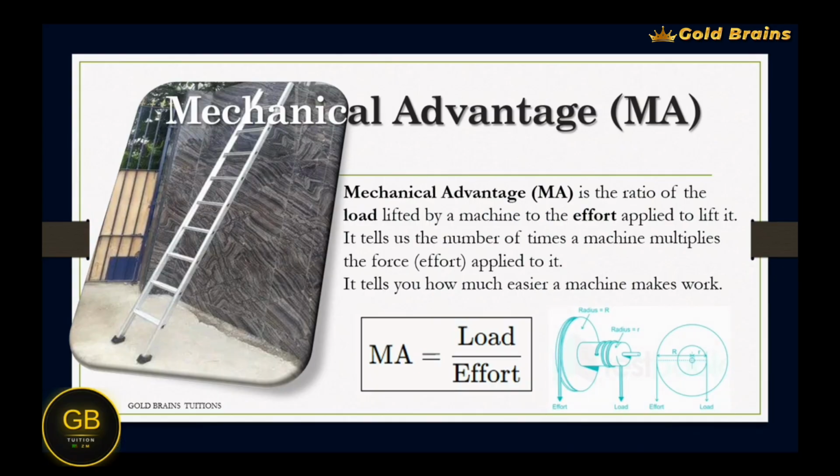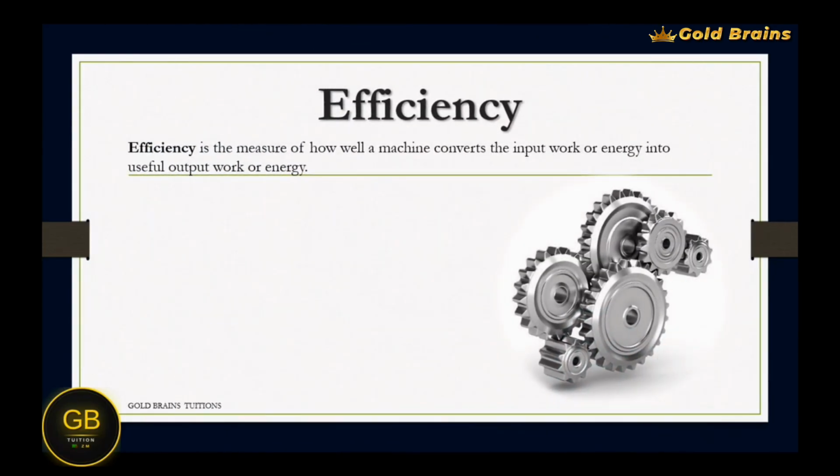So let's move forward to understand efficiency. Efficiency is the measure of how well a machine converts the input work or energy into useful output work or energy. These terms are important. So when you're talking about efficiency, you're talking about how well a machine converts the input energy into useful output energy.